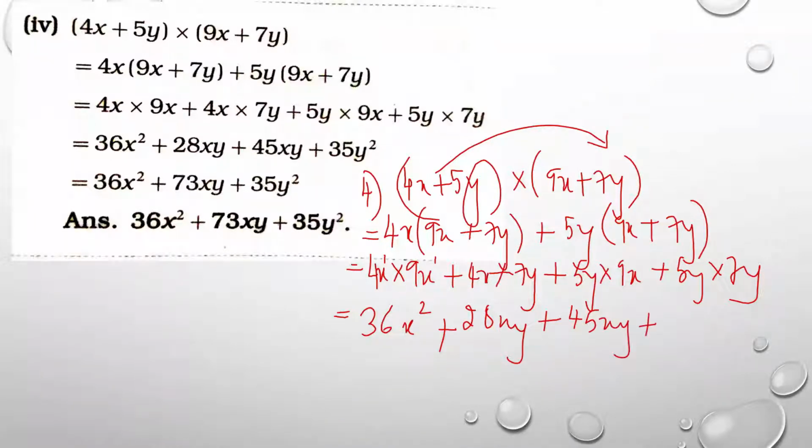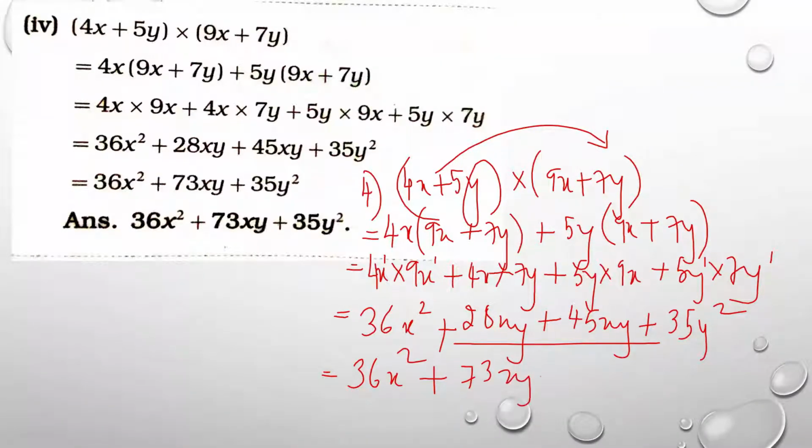Here power is 1, here also power is 1, so add the power: y square. Now add the like terms. So 36x square plus 28 plus 45 is 73xy plus 35y square. So this is your answer.